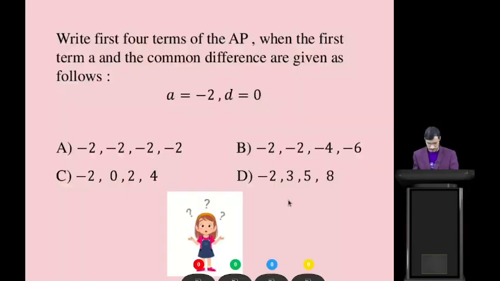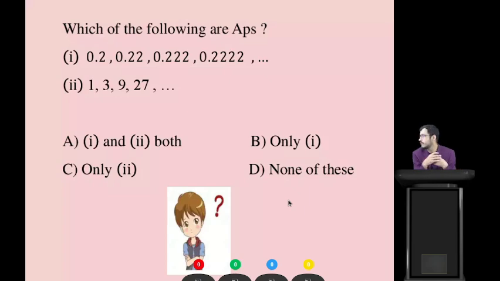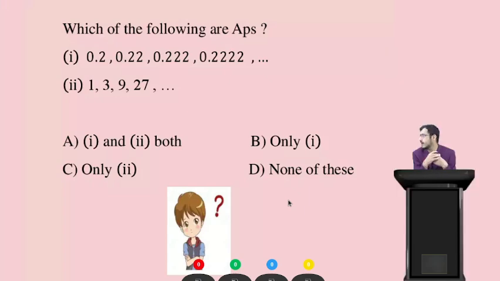Now it's question time. Which of the following are APs? First is 0.2, 0.22, 0.222 and 0.2222. Second one is 1, 3, 9, 7.